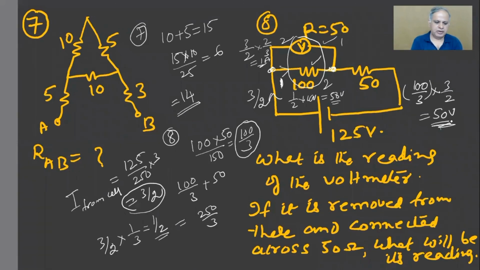Come on, children, quick. Sir, 75 by 2. 75 by 2, that looks to be not correct. Sir, 100 up. No. Anyone else?